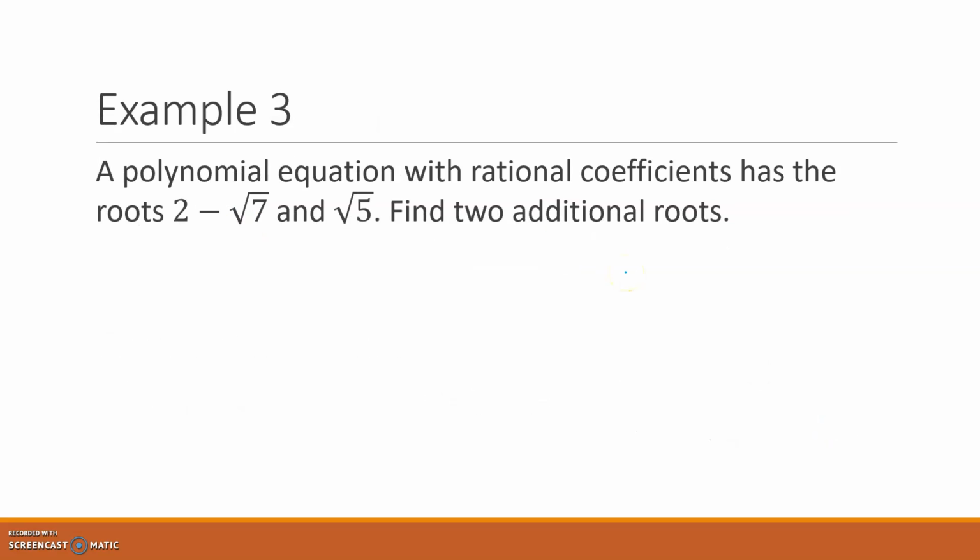If I have 2 minus radical 7, I'm also going to have 2 plus radical 7. If I have square root of 5, what's my other root going to be? Negative radical 5. And that's it. That's using the irrational root theorem.